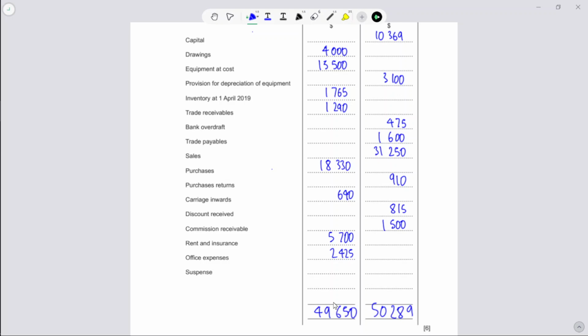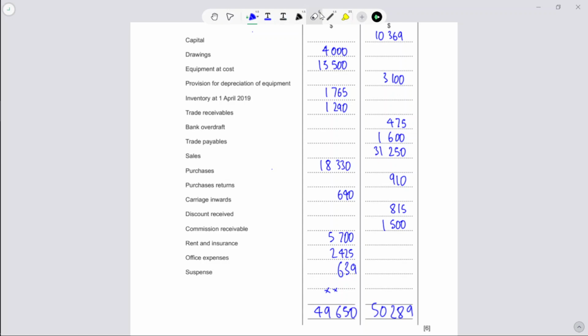This side is lesser, so let's put here. This minus this, you will get 639.